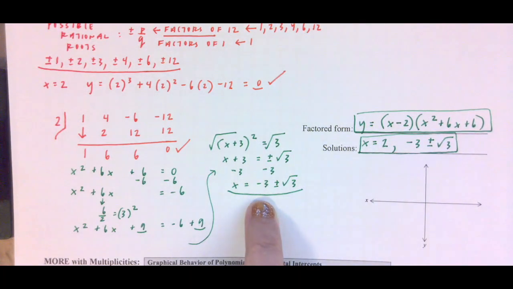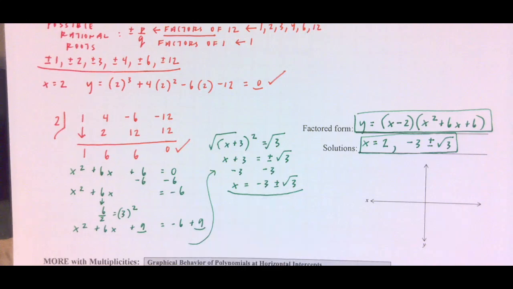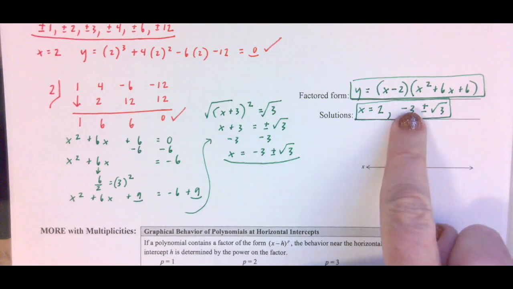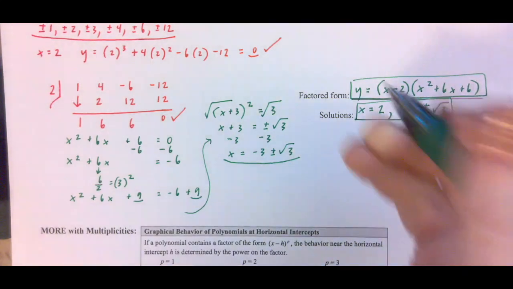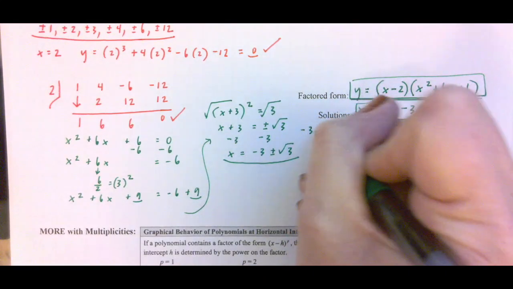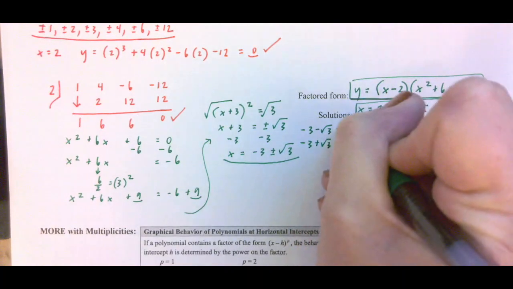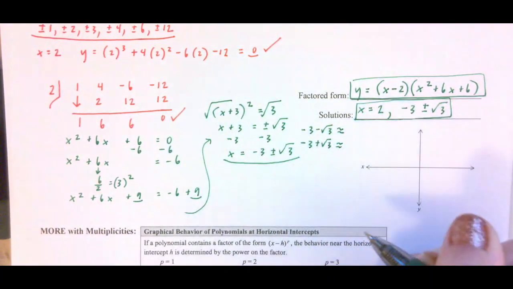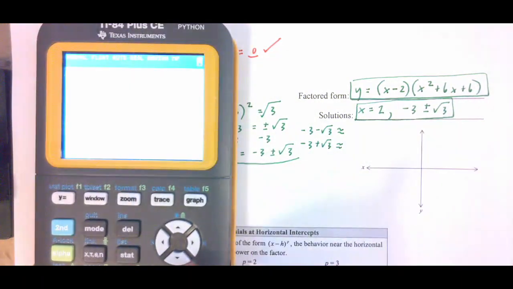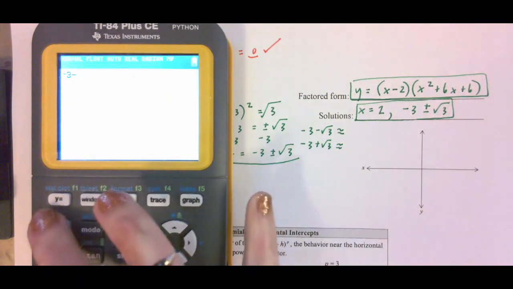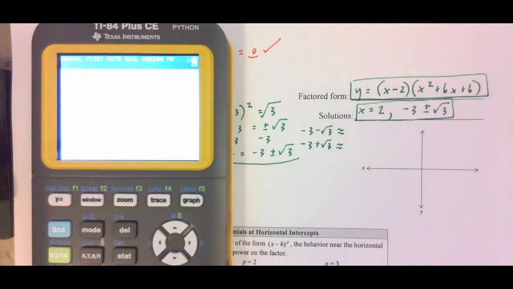That's not a problem. So now to graph it, I need to know what the approximations are for -3 minus root 3 and -3 plus root 3. So if I type that into the calculator, let me just write them first. I get these approximations. All right, so -3 minus the square root of 3, and I need -3 plus the square root of 3.